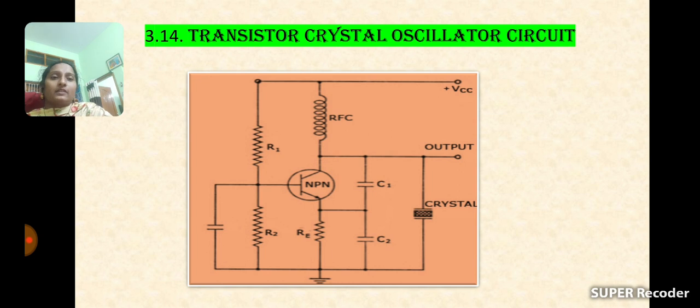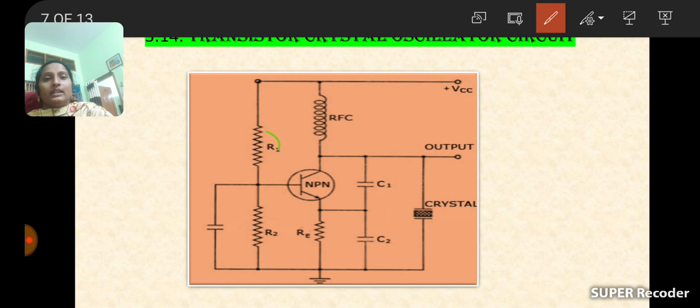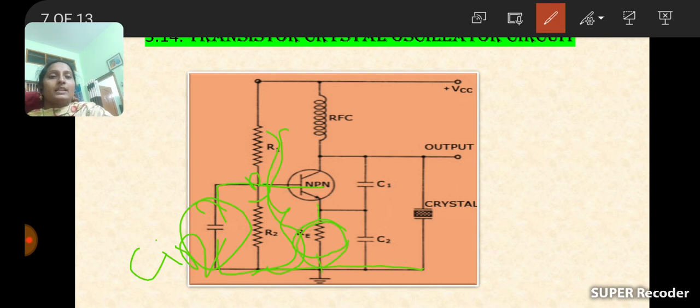What does it contain? A potential divider network made with resistors R1 and R2, and a coupling capacitor to connect the feedback voltage back to the base of the NPN transistor. An emitter bypass capacitor provides a low reactance path to the signal, and chokes are there to block high frequency.